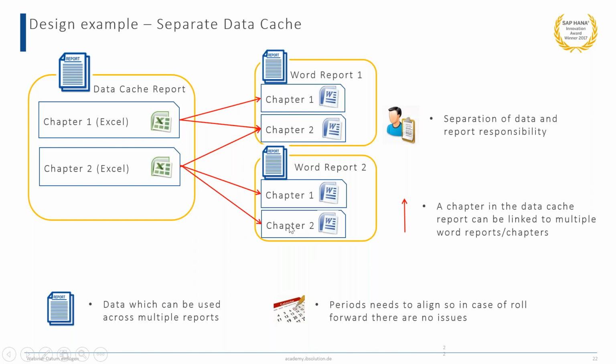So the connection can be established based on your requirements and your needs. We need to, however, make sure that in order to establish connection number 2, from the data cache to chapter 2, both of our Word reports should belong to the same period. They shouldn't belong to another period, because in that case it's not going to work.